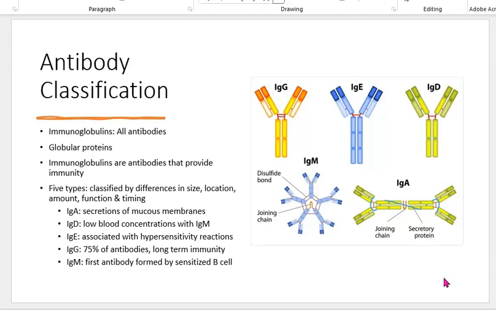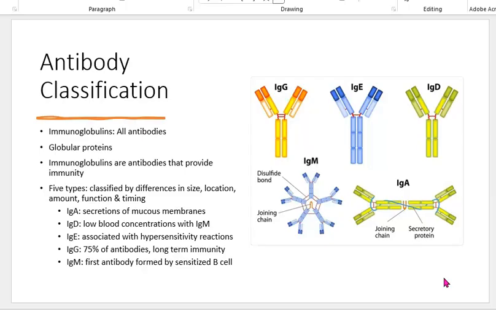Your IgE is antibody-mediated hypersensitivity. IgG, this is 75% of circulating antibodies. They provide long-term immunity against invading organisms and activate complement systems.